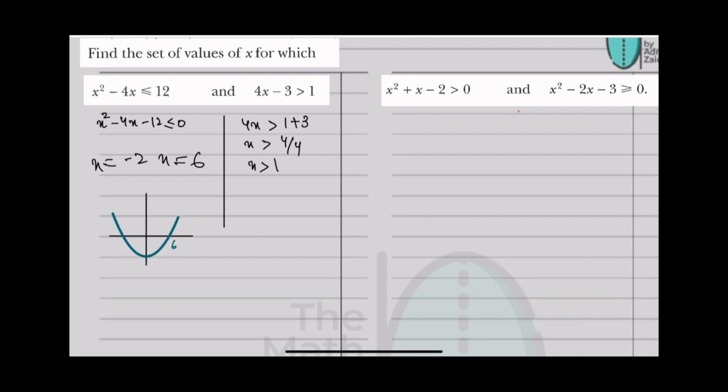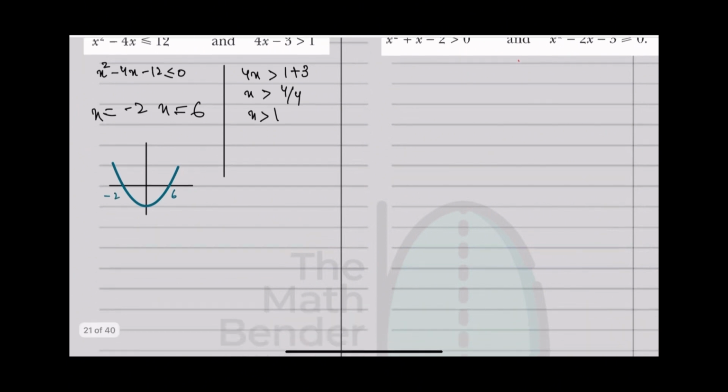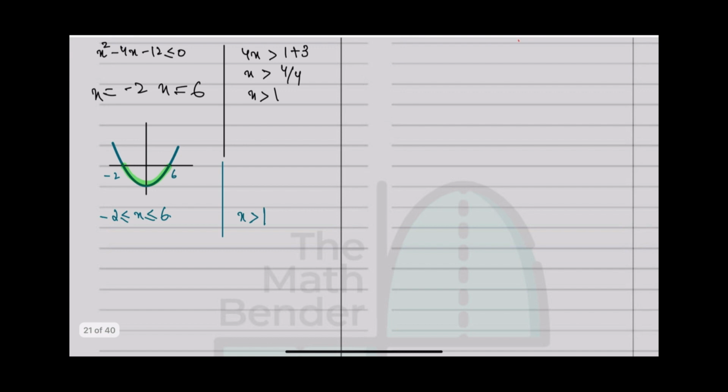So sketching the quadratic now, this is 6 and -2. So less than or equal to 0 means this region. And I can say that according to this quadratic inequality, -2 is less than or equal to x, which is less than or equal to 6. But the linear inequality demands that x has to be greater than 1. So if I say x is greater than 1, there's going to be x is 1.1, 2, 3, 4, more than 1.